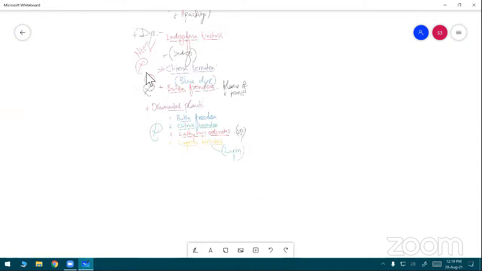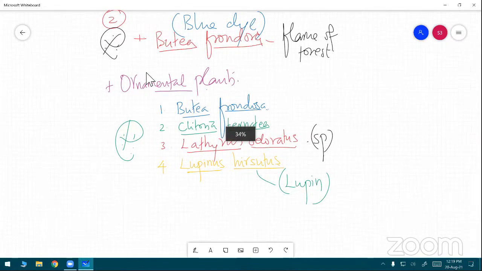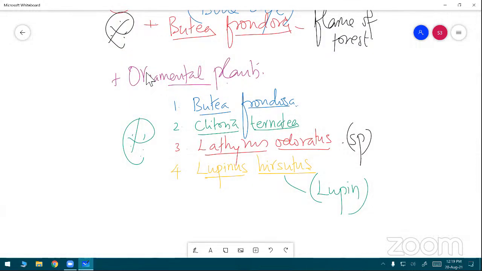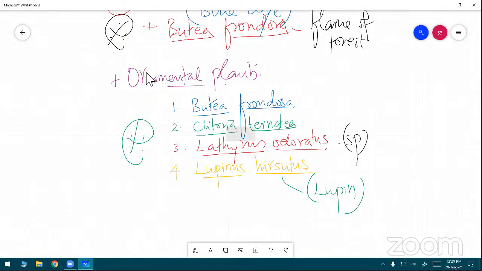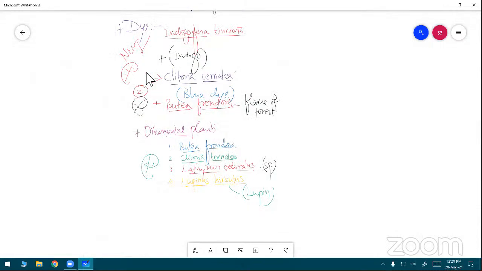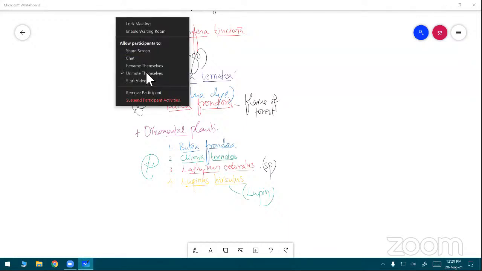If there is no doubt, could you mention any ornamental plants of Fabaceae? Butea frondosa. Clitoria ternatea. Very good, ma. Will you mention the flame of the forest? Butea frondosa. Very good, ma.